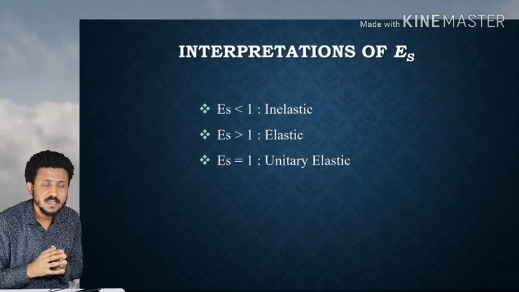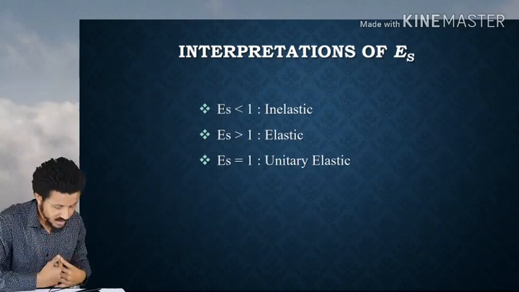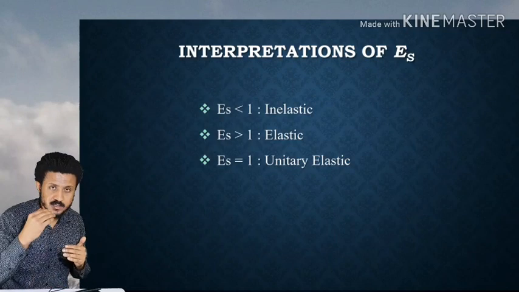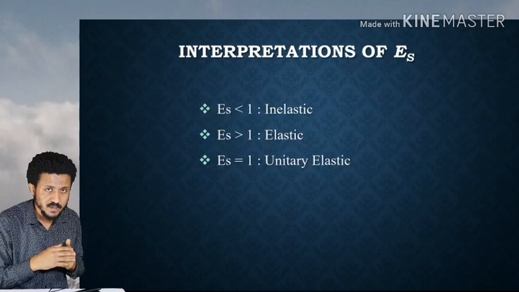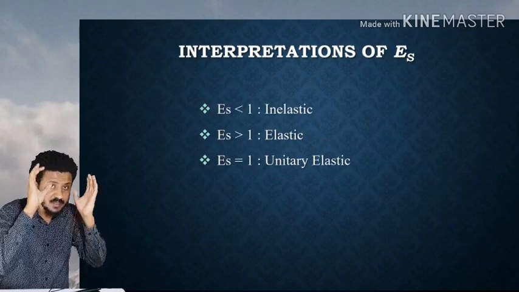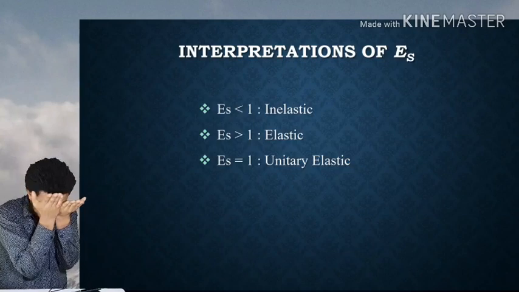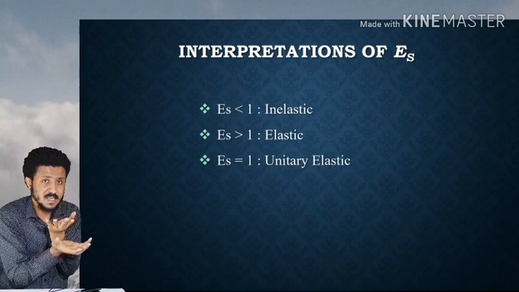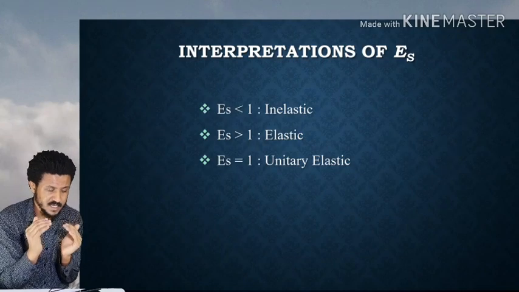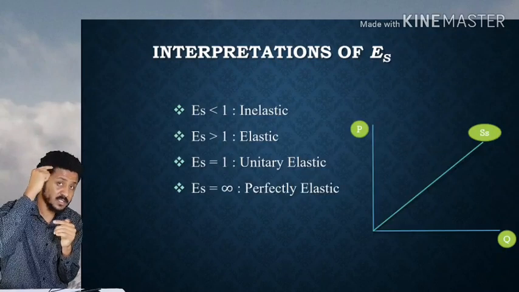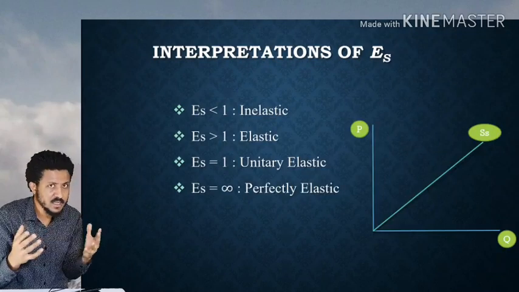If elasticity of supply is greater than 1, then we call it elastic supply. This shows that the percentage change in quantity supplied is greater than the percentage change in price. For example, price increases by 10%, which is lesser than the percentage change in quantity supplied, let's say 20%.